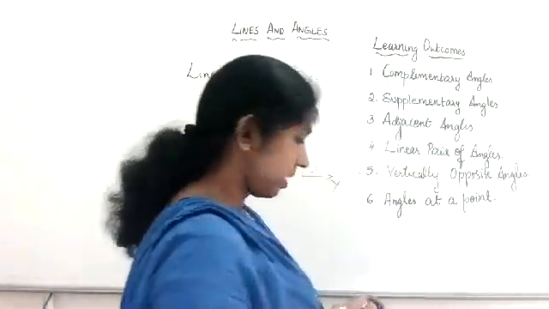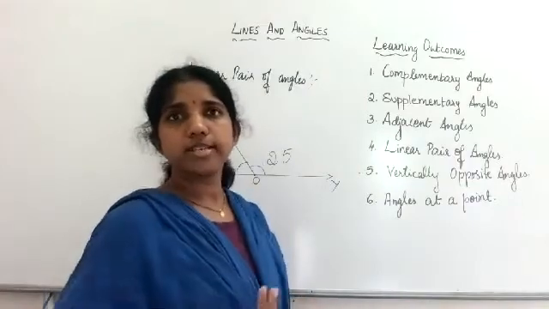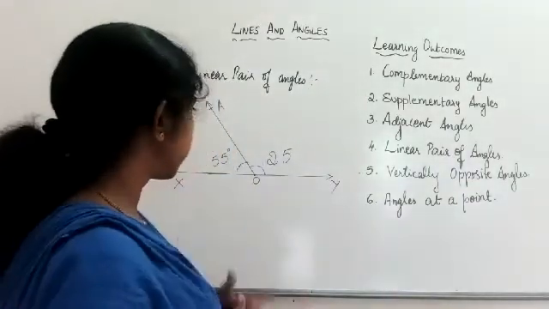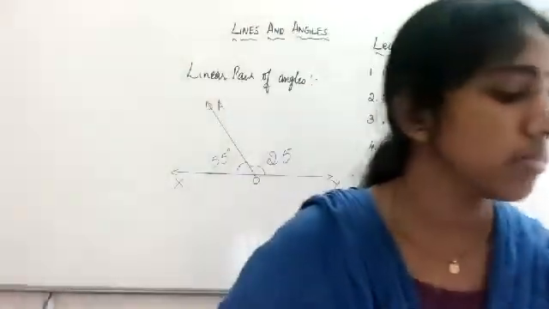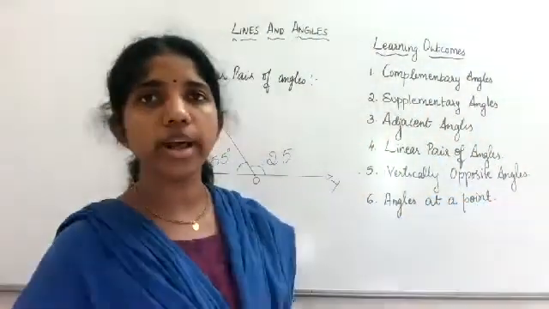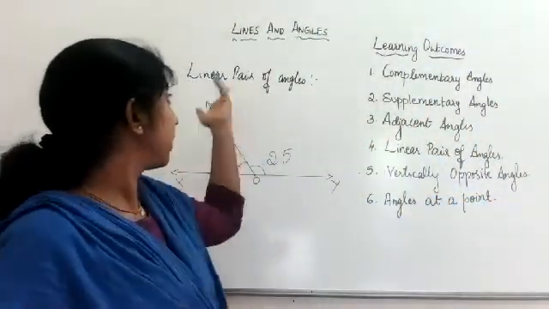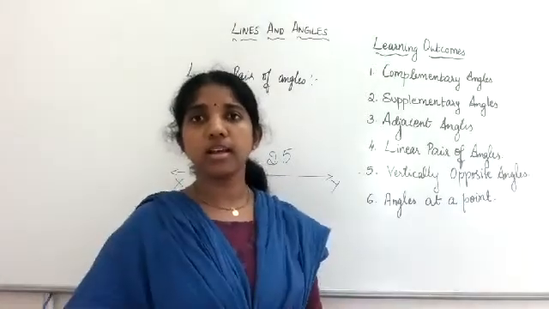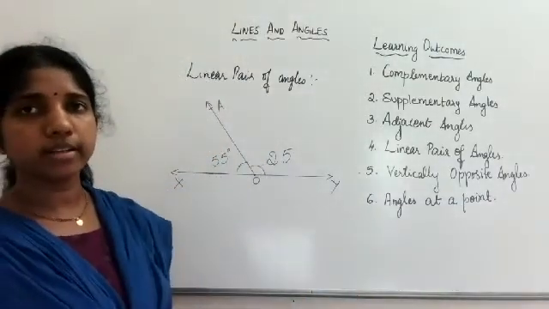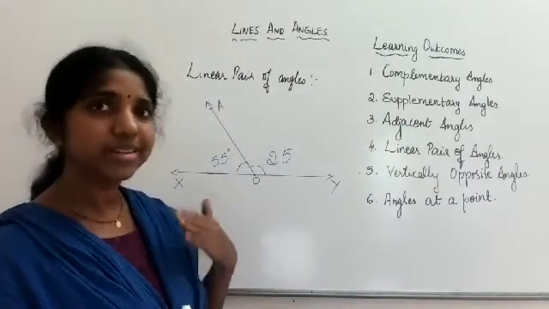You will be wondering what the teacher has done here. She has measured the two adjacent angles. So what is that about linear pair of angles? Where does the linear pair come from? Linear means what? It is a straight line.